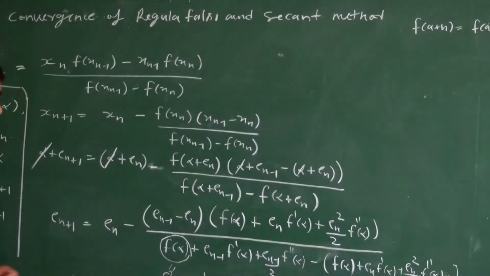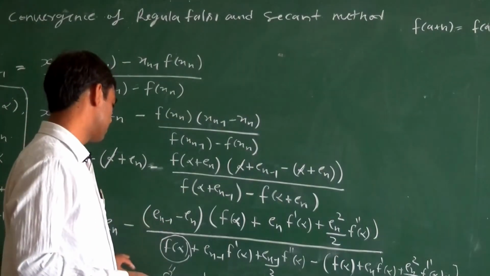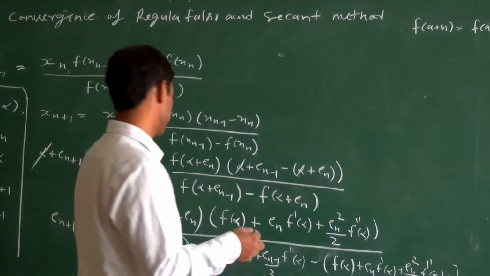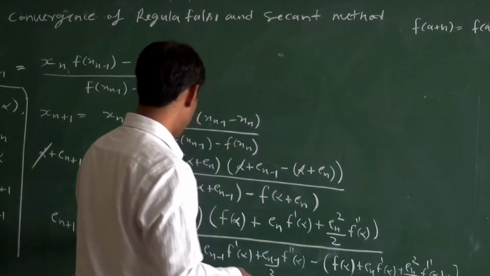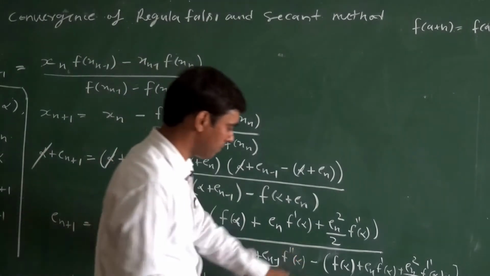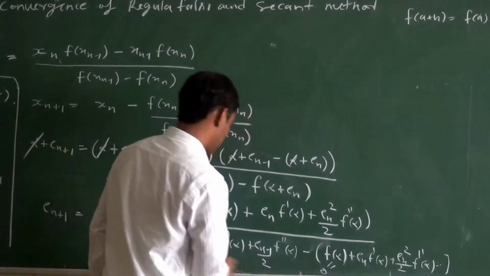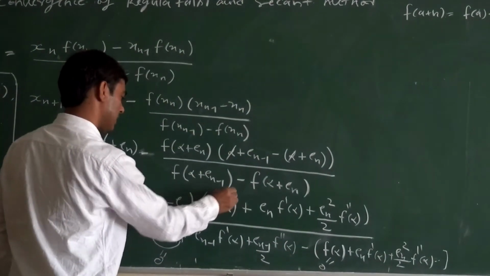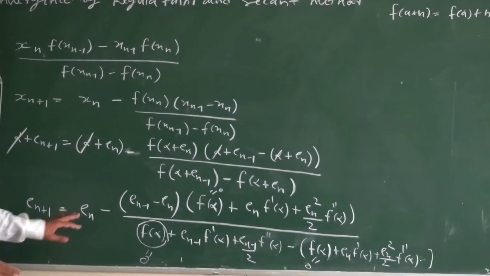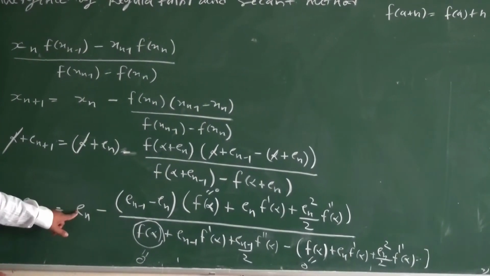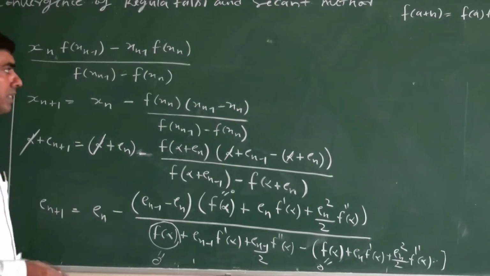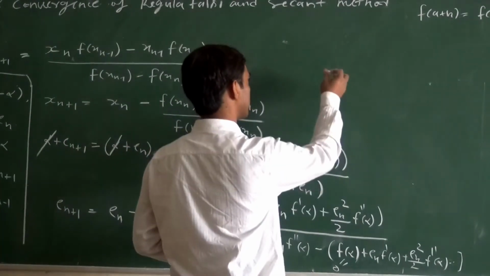If we simplify this, f(alpha) becomes 0 here and here as well. These terms become 0, and we simplify this expression.